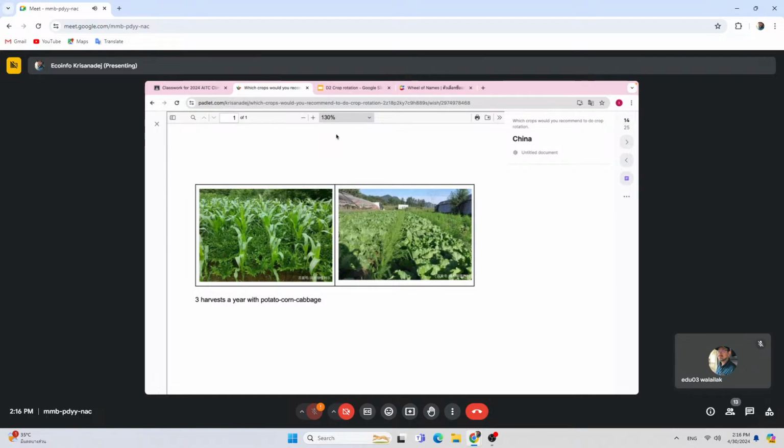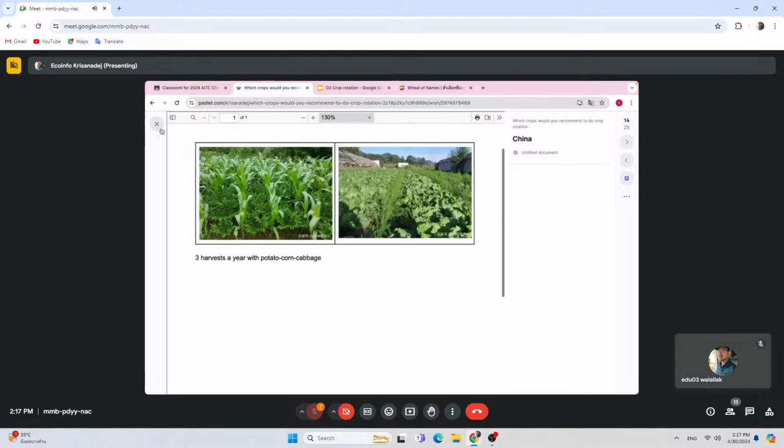We will plant potato with cover and cabbage between the lines. First we harvest the potato, then the corn, and after the harvest of the corn, the last harvest is cabbage. That is three harvests a year.